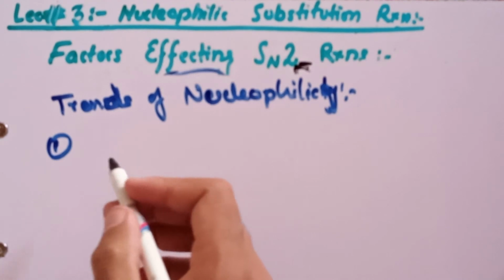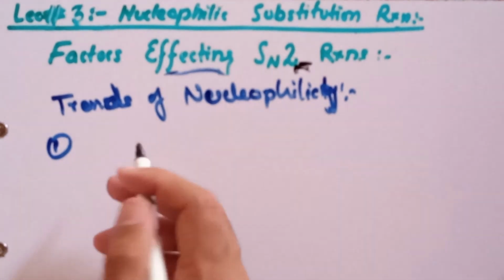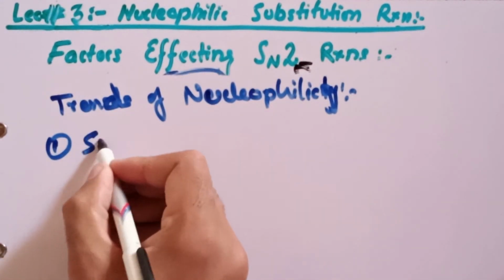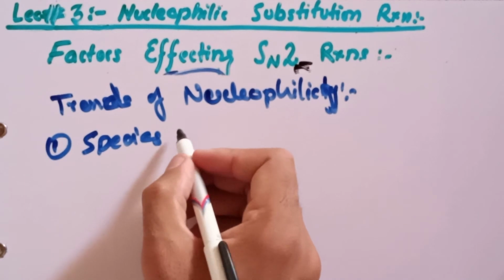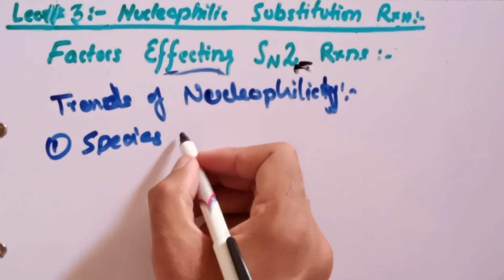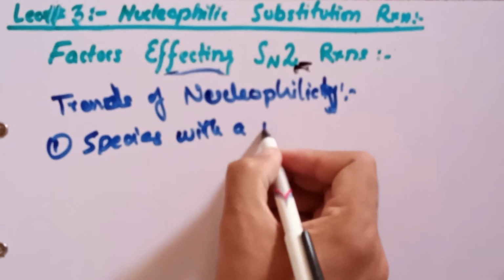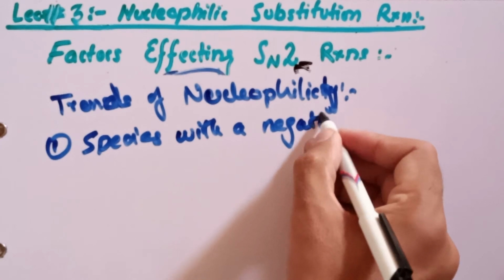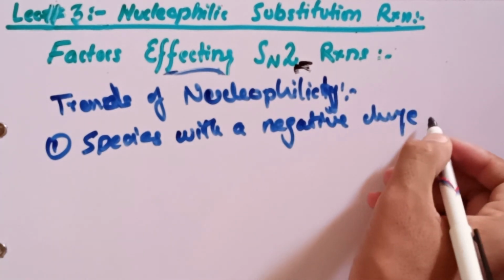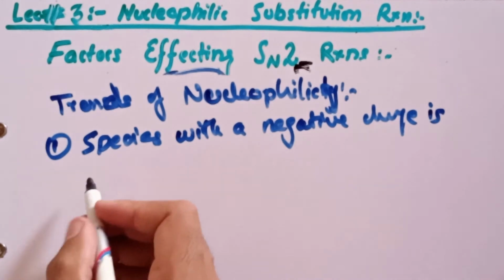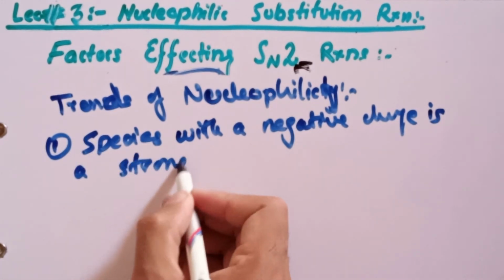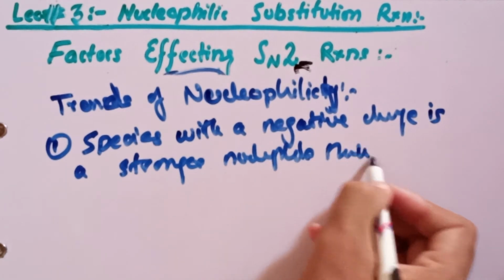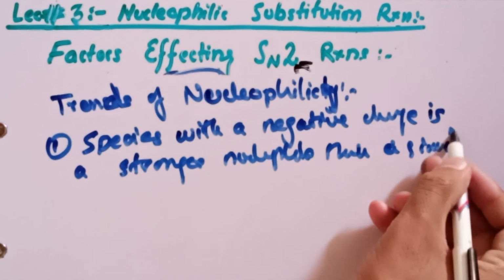The first trend is that a species with a negative charge is a stronger nucleophile than a similar neutral species.